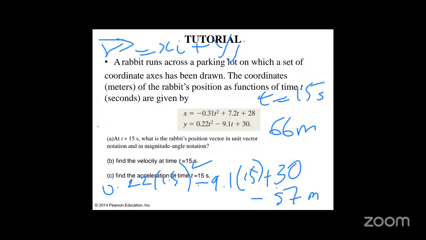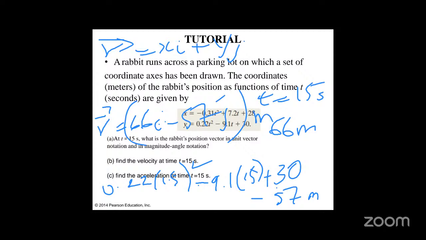So this will now be r equals 66i, plus, here we have minus 57, so that will be minus 57j, all in meters.